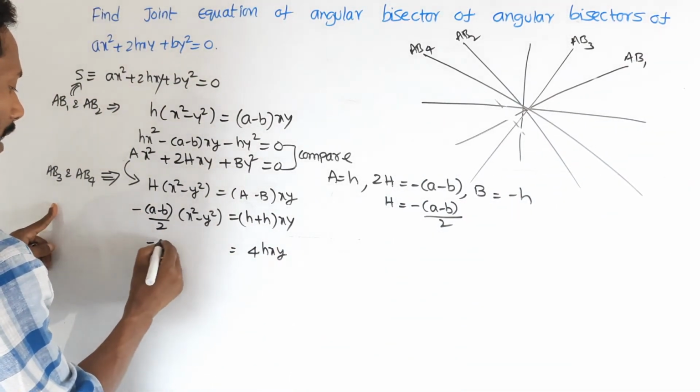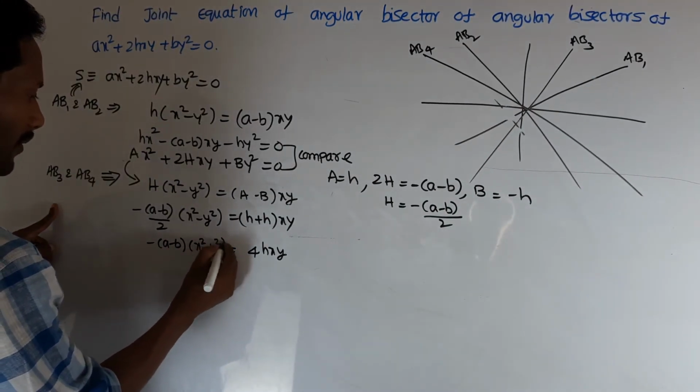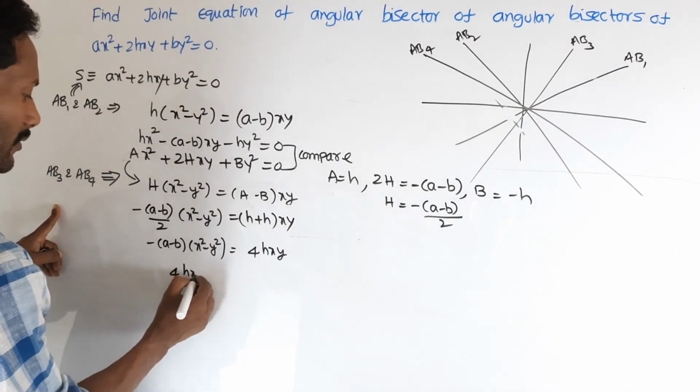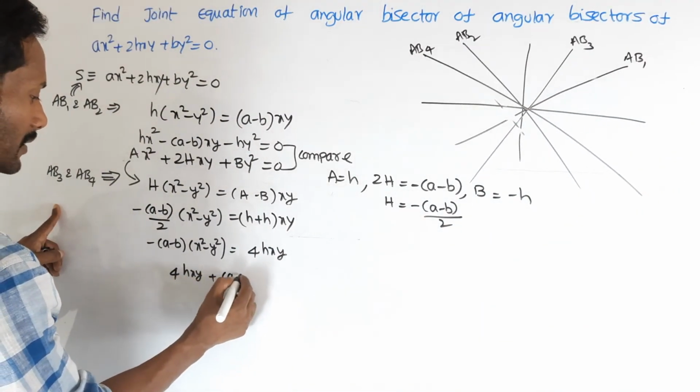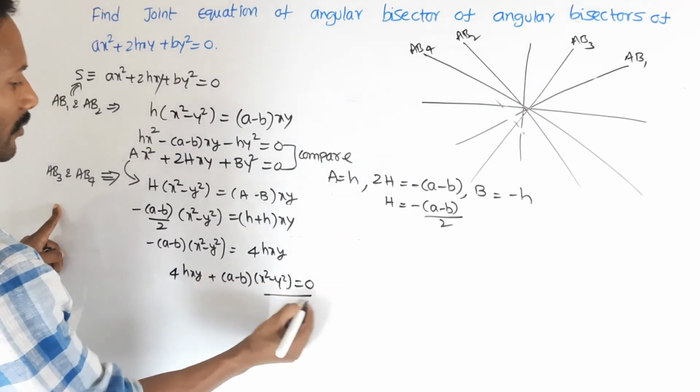This one is minus of a minus b into x square minus y square. So taking the right hand side, 4hxy plus a minus b into x square minus y square equal to 0. This is the answer.